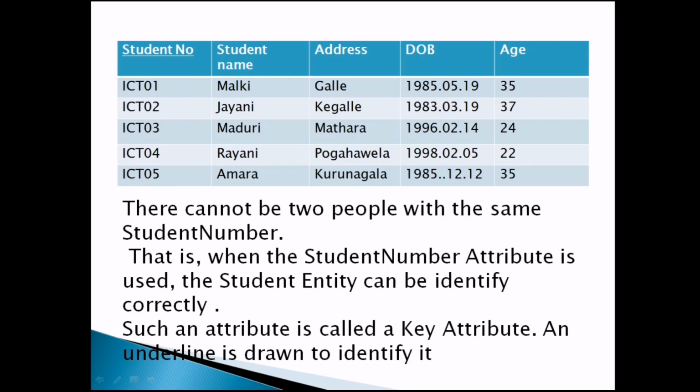There cannot be two people with the same student number. That is, when the student number attribute is used, the student entity can be identified correctly. Such an attribute is called a key attribute. An underline is drawn to identify it.